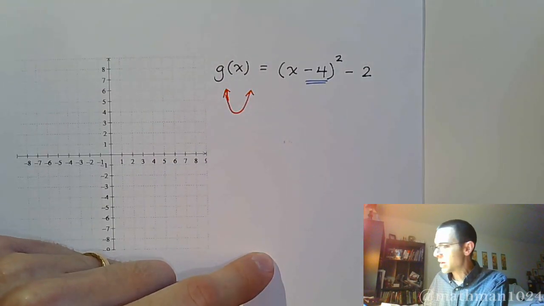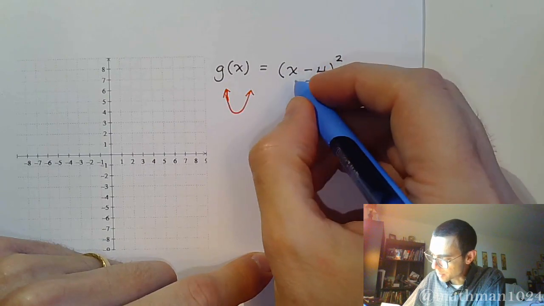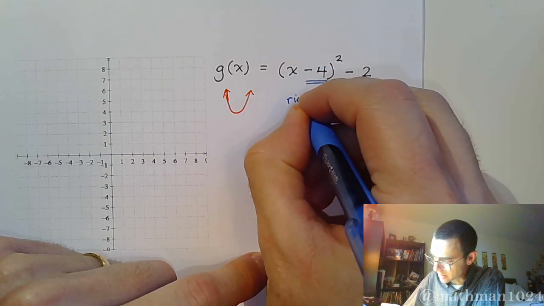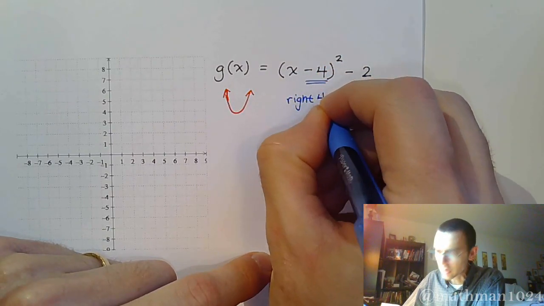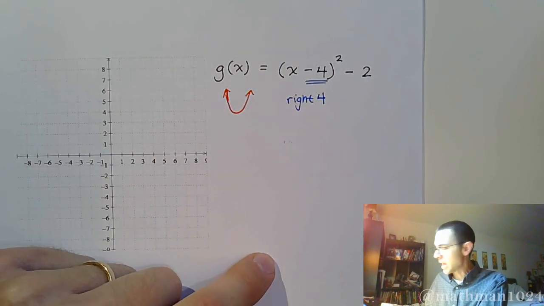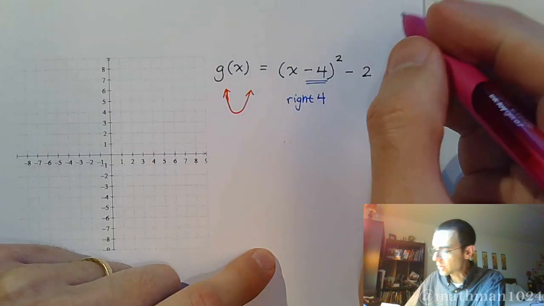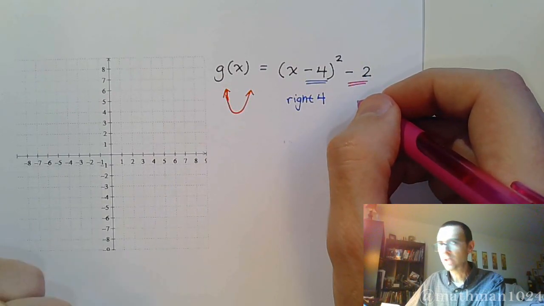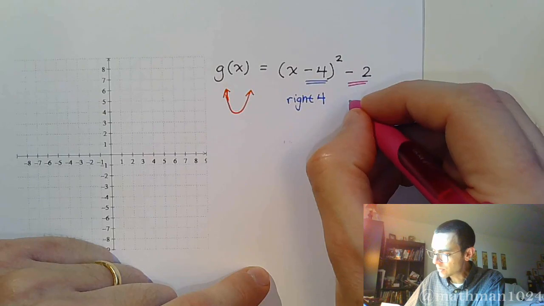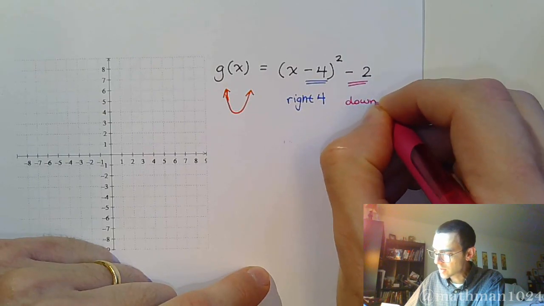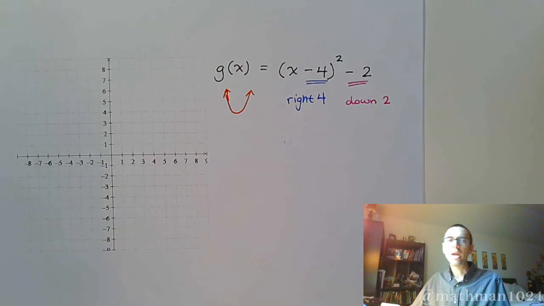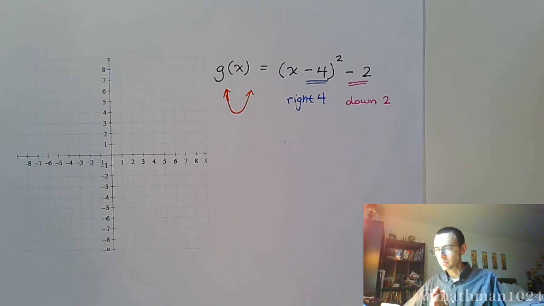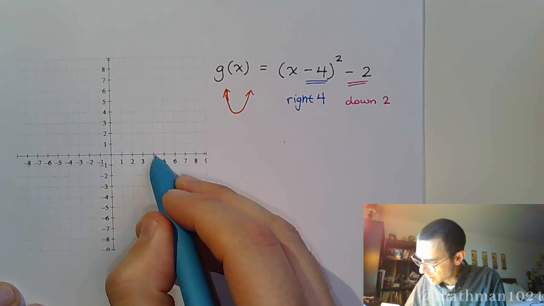So even though I see the minus 4, I'm going to do the opposite, which is to the right 4. And then the minus 2 that I see on the outside, I do exactly what I see. So outside, a vertical shift, exactly what you see. I see negative 2. And so that means I'm going to go down 2 units.